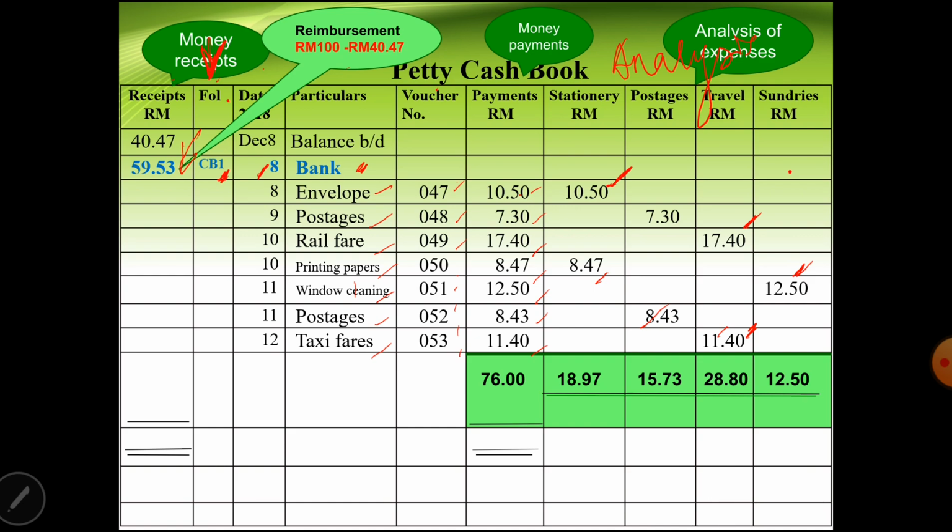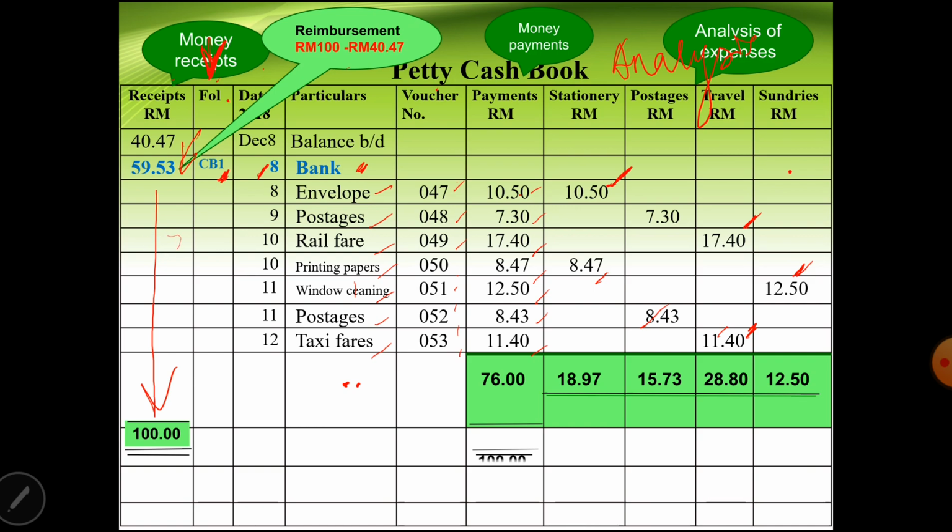You have to find out what is the balance CD, what is the balance of the money you have in your petty cash box. So how do you do it? You start off with the left hand side first. This one you total up, you get 100. By right it should be 100 unless you have money coming in.